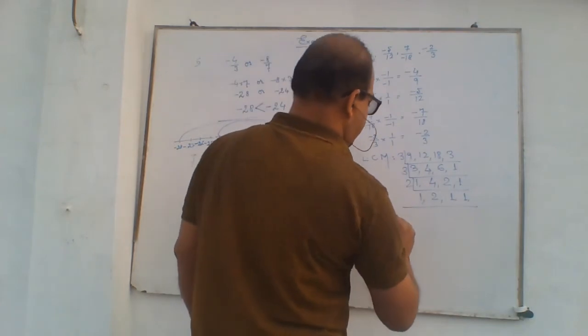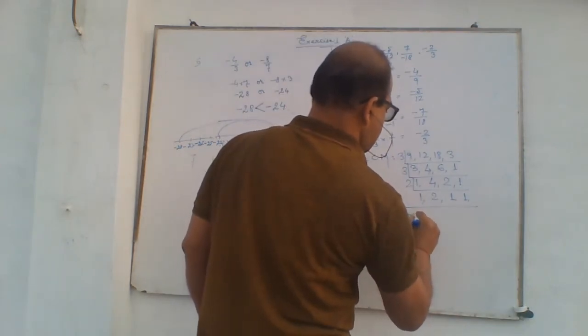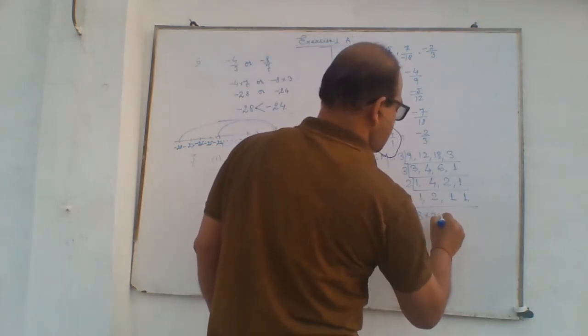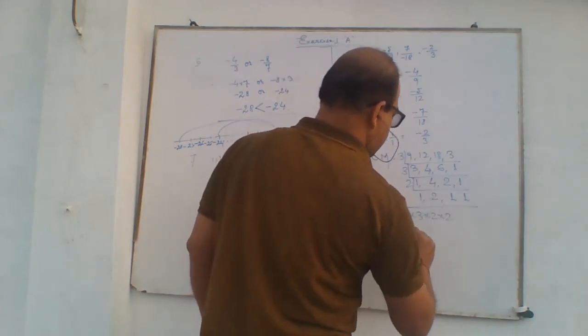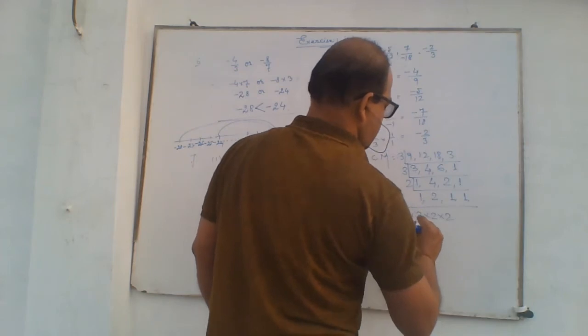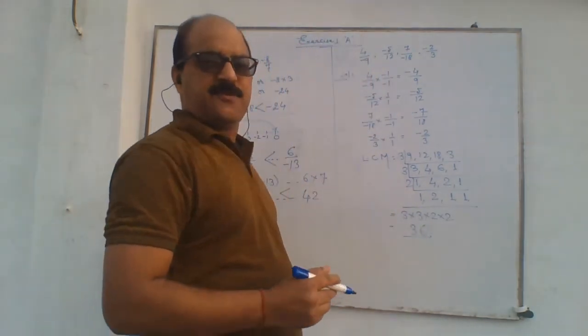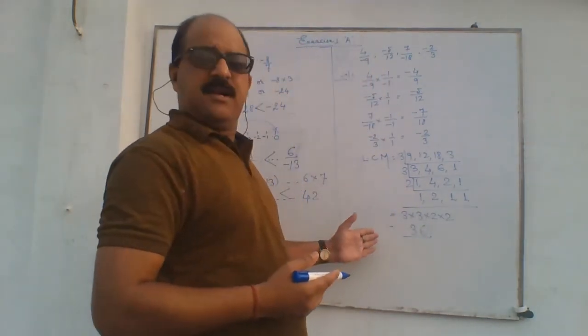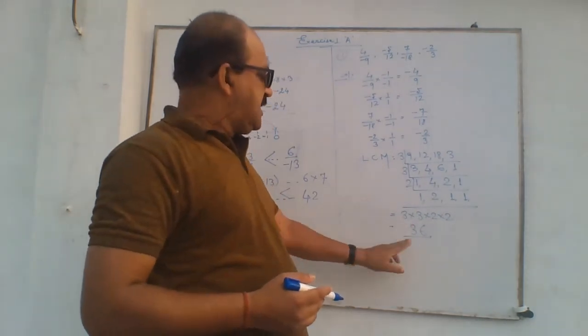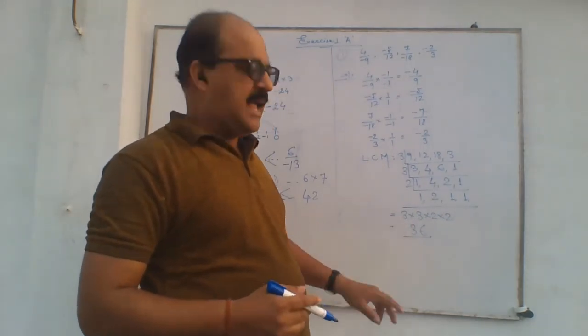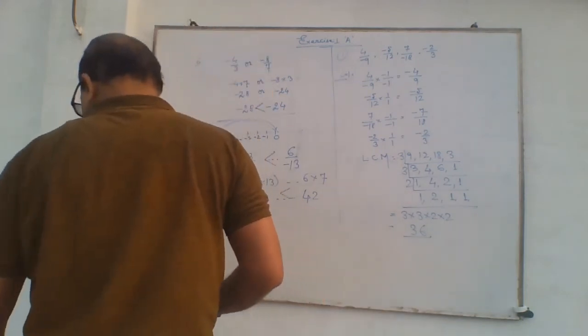What we obtain is 3 into 3 into 2 into 2. 3 3s are 9, 9 4s are 36. 36 is the LCM.